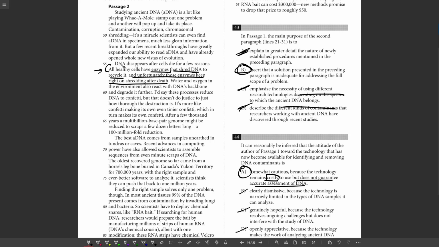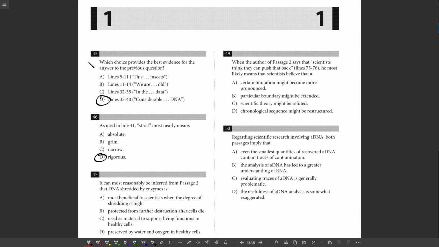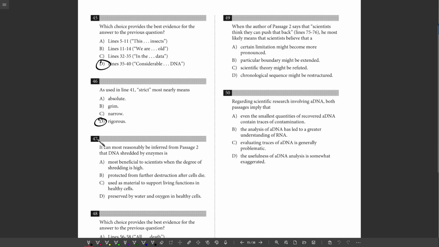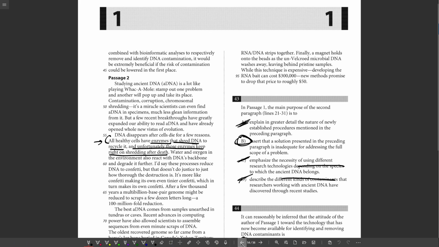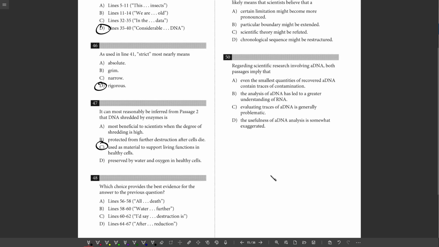So when I go to my choices, and I look at C, used as material to support living functions in healthy cells. Look at what it says, again, in those lines. All healthy cells have enzymes that shred DNA to recycle it. In other words, to reuse it. So yes, this is true. And the lines that we just used, 56 to 58, support that.